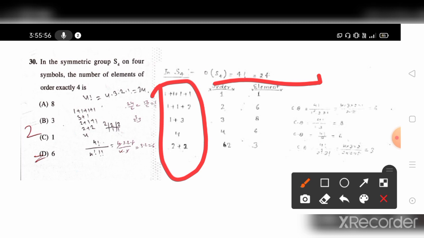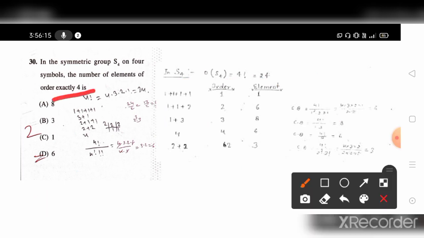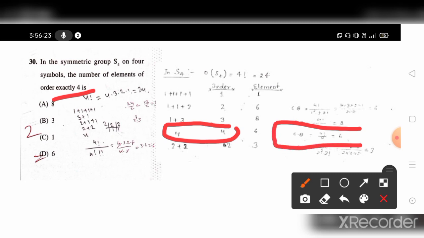Now find order 1, here LCM is 1. This is the formula to find the number of elements of each order. Now check for order 4, here LCM is 4. Number of elements of order 4 is 6. Therefore option D is correct.